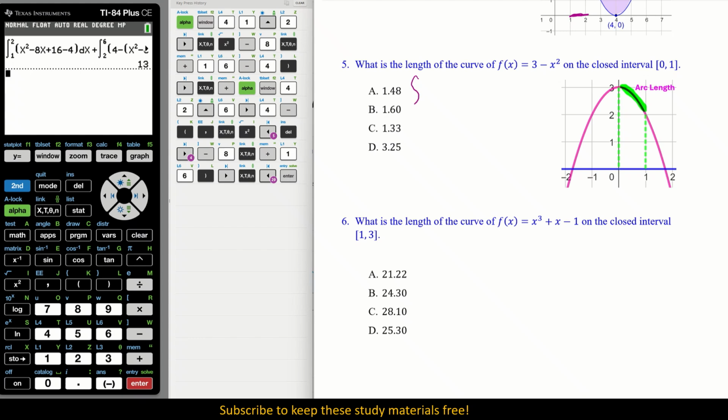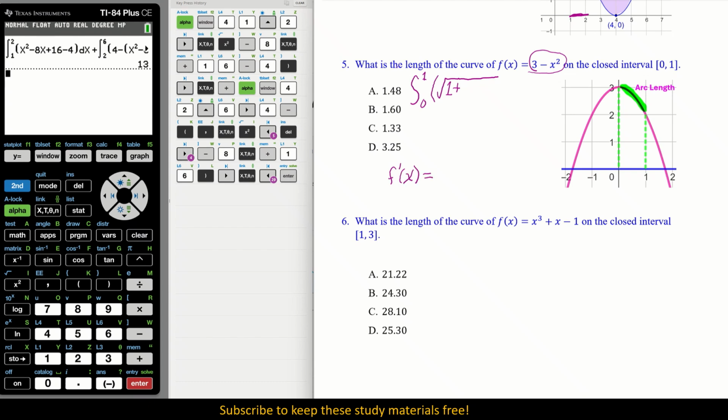Okay. You need to do your integral, and then we're going from 0 to 1. And what we're doing is all under the square root. We put 1 plus the first derivative of this, and we square it. Okay? So let's go down here and say f prime of x.